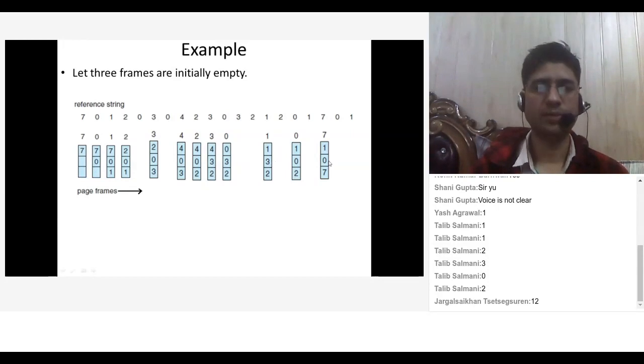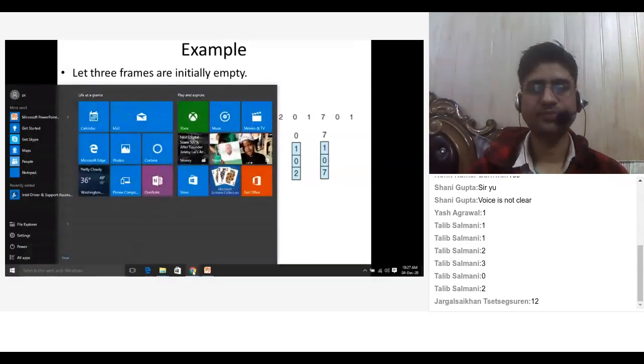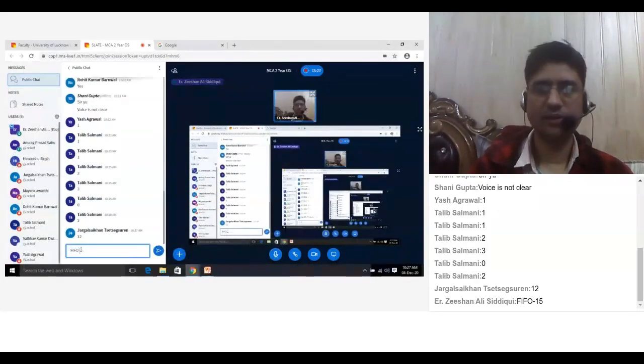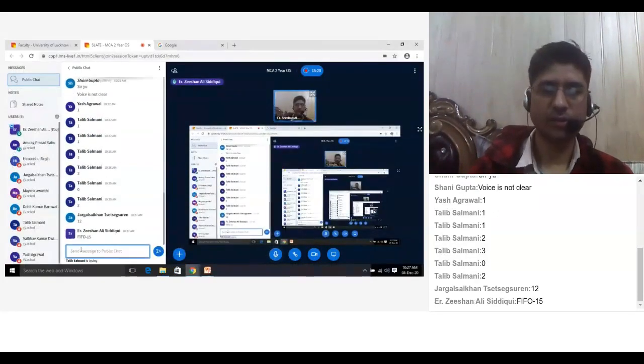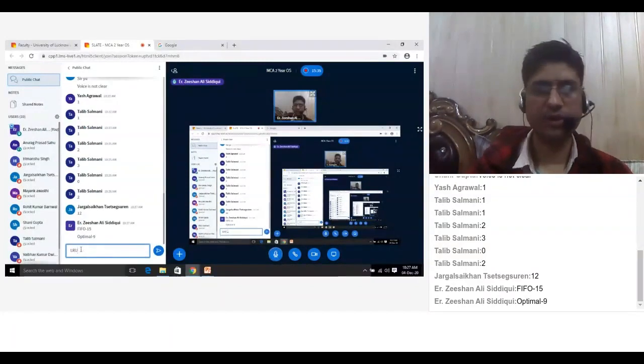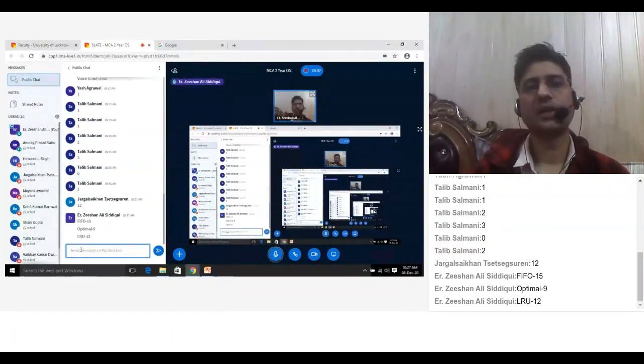ओके, सो अब यहाँ पे एनालिसिस करते हैं. FIFO we are getting 15, and in optimal we have 9, and in LRU we have got 12, right? Now you can see that optimal is getting the least page faults for a given reference string.